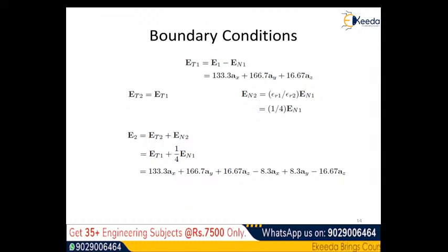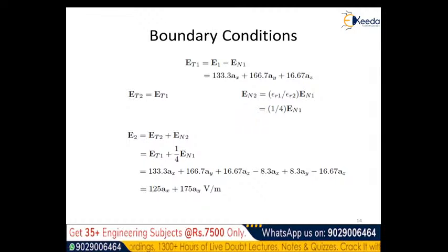Now we have to add the similar terms from the right hand side. Whatever the coefficients of Ax we have, we can club together, whether it is addition or subtraction. Thereupon we have the E2 vector to be 125 times Ax plus 175 times Ay.